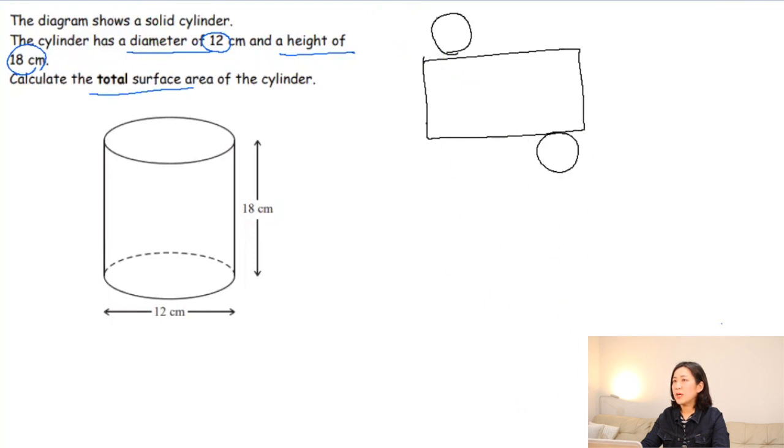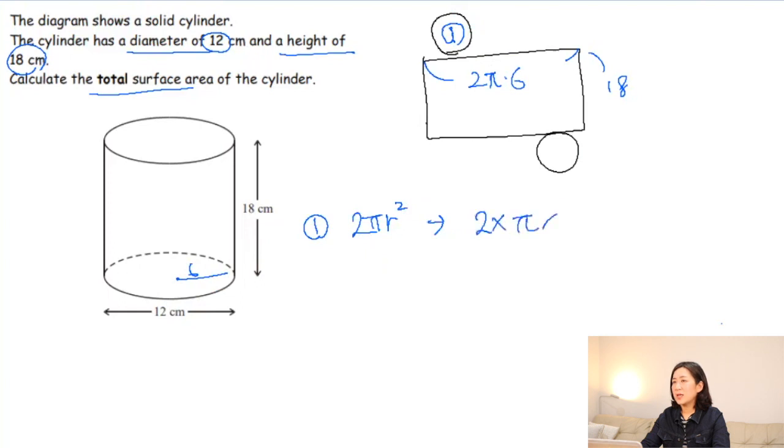First of all, the length of the rectangle is the circumference of the circle, 2 pi r. We know that r is 6, so 2 pi times 6, and then the width is 18. Now the circle is pi r squared, so pi times 6 squared. And then we've got two circles, so 2 times pi times 36.